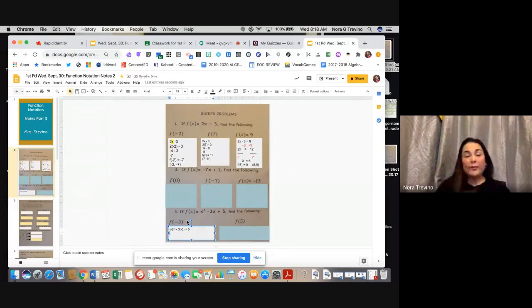If we follow order of operations, which part are you going to do first in that problem? The exponents. The exponents, very good. So I'm going to do -3 times -3. How much is that? +9.